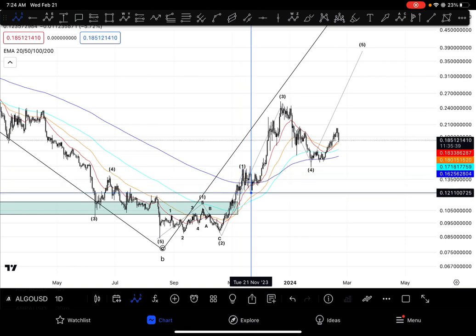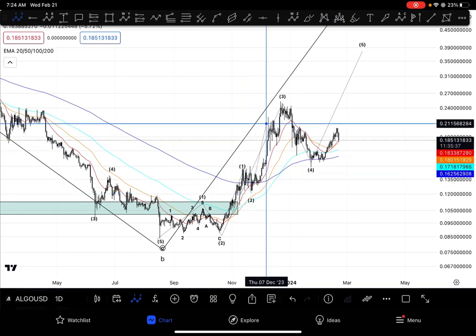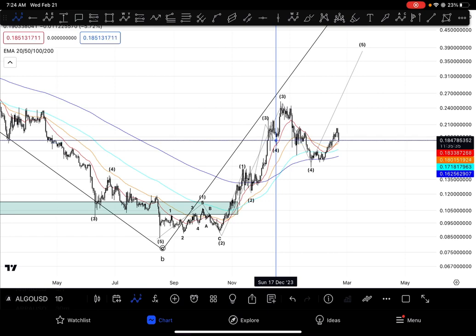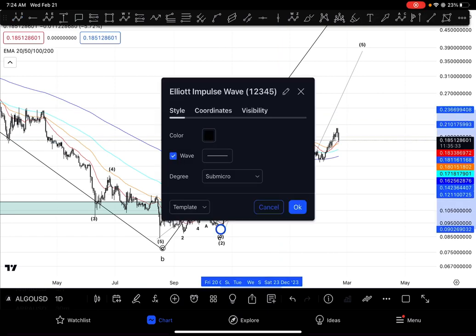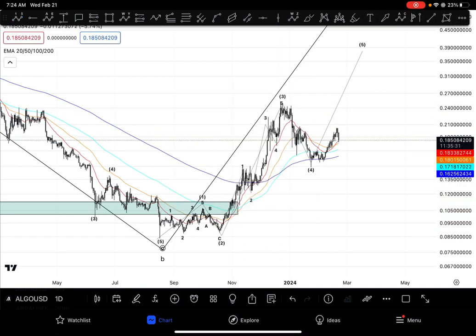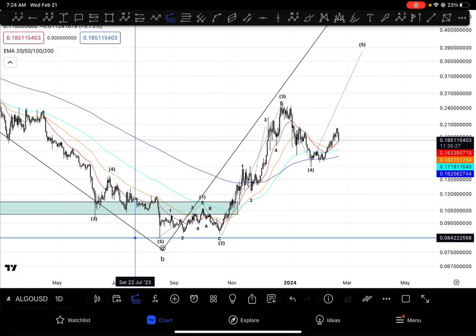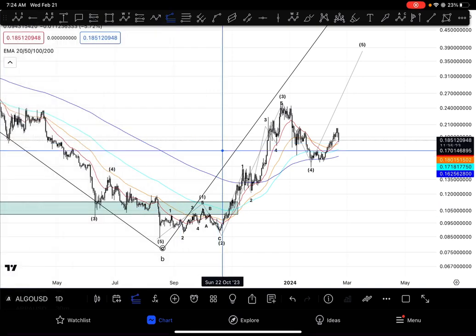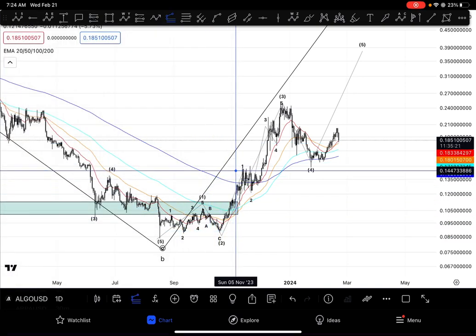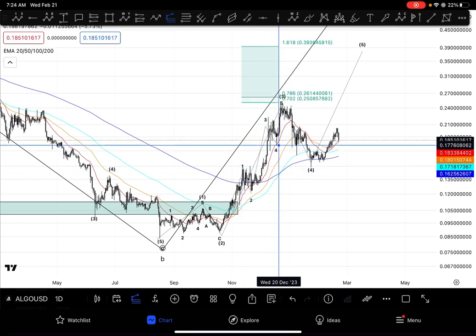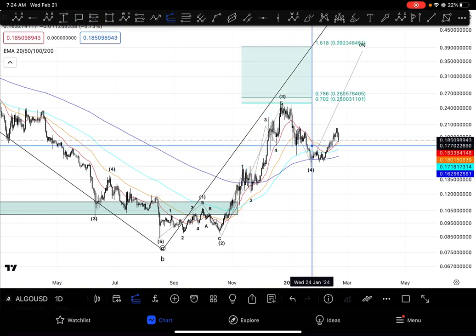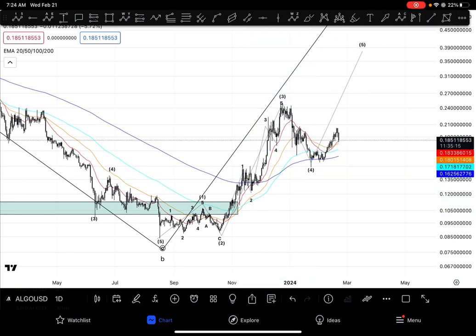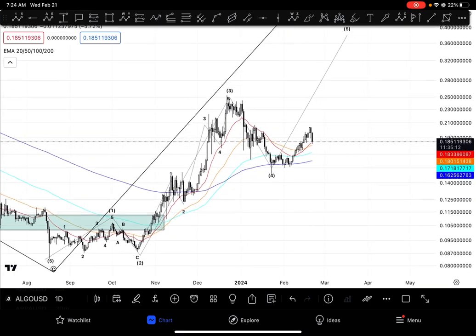This was an extended wave 1, wave 2, 3, 4, and then you have your fifth wave here. Okay, we perfectly came up to the 70.2% fib for our wave 3.